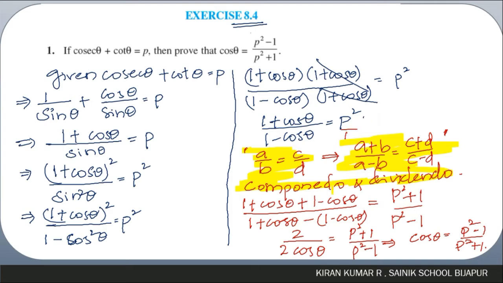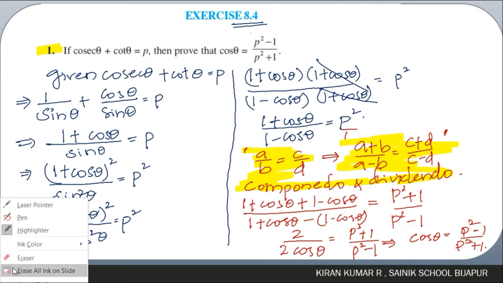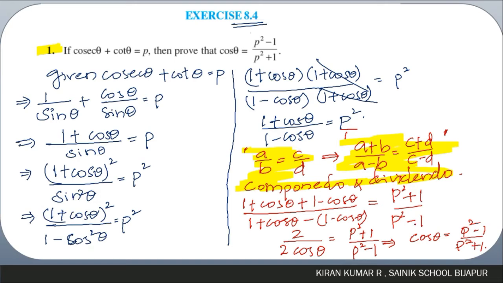This particular property is called componendo and dividendo property. Most important, you can make a note of it. If this question is asked, if you use the componendo dividendo property, it can be solved in an easier way. Alright, let's move on to the next question.